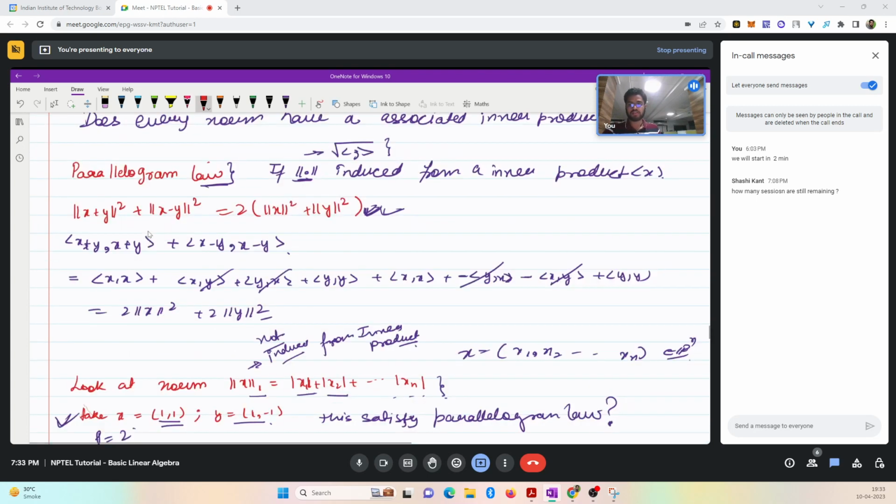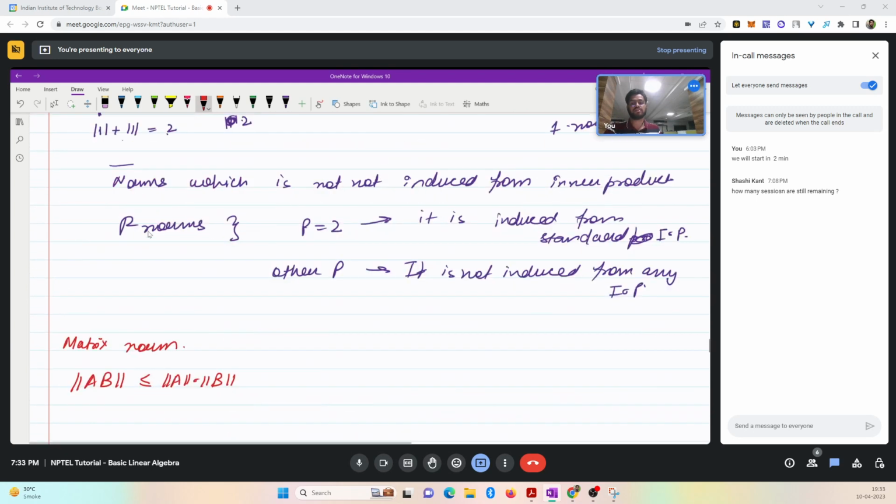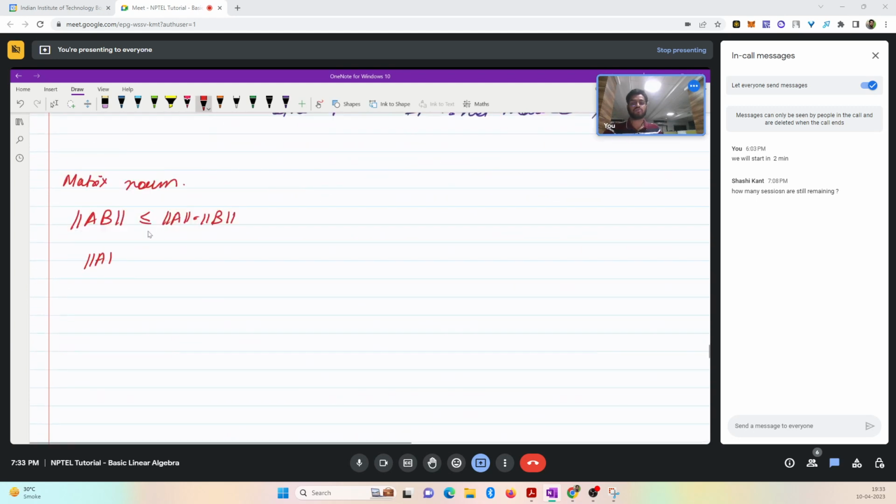So if you look at this definition of norm, then these three properties must be satisfied. That is, norm of A should be greater than or equal to 0, and norm of A is equal to 0 if and only if A is equal to 0.